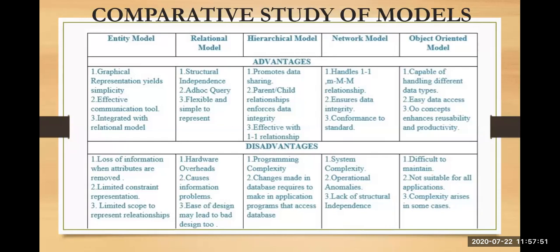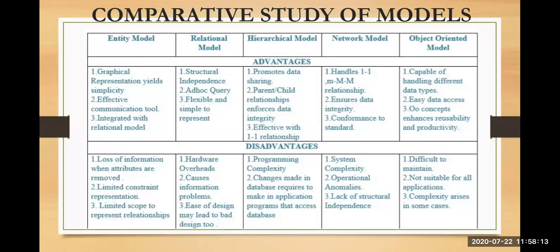If applications have those functionalities or attributes, then only it can work well. Third, complexity arises in some cases. Now, complexity arises in terms of what? You have many objects, many data types. So converting the data type is also a complexity, and this occurs when you are doing the same.